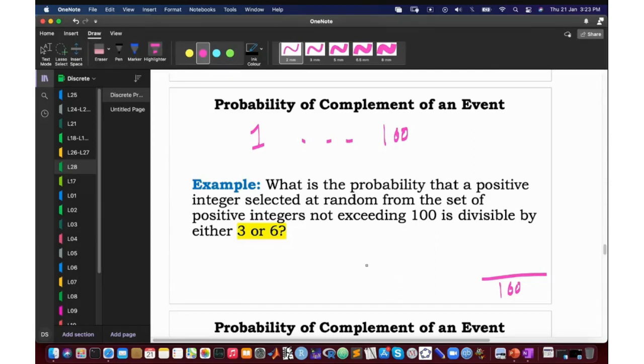33. If you want to compute the numbers divisible by 3 in the range from 1 to 100, it's easy: divide by 3 and take the floor.